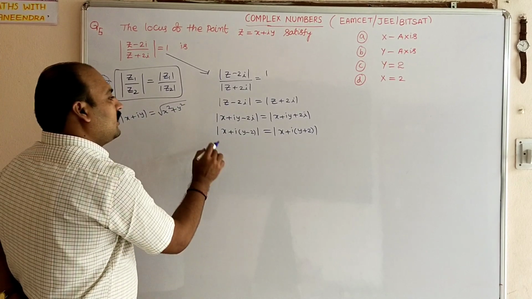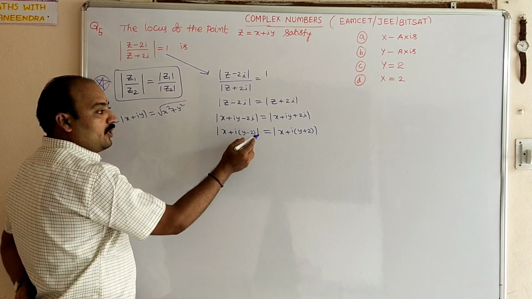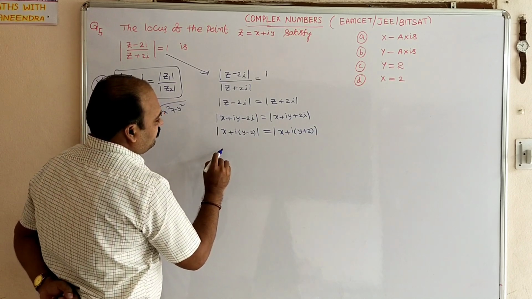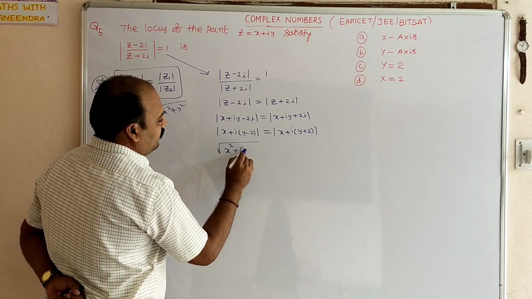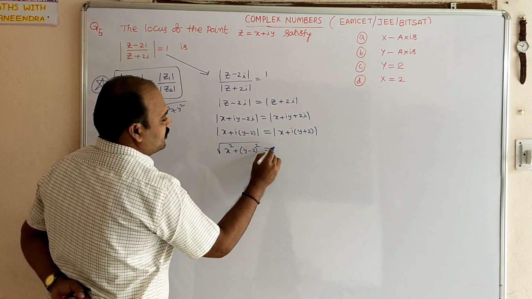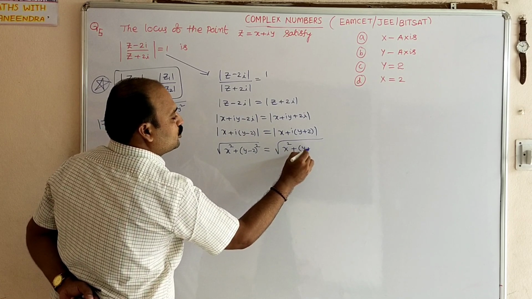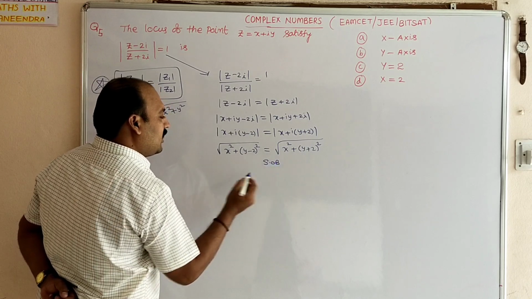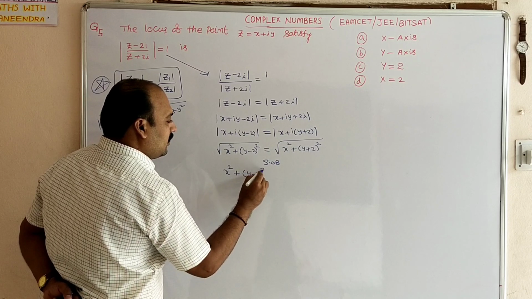So similarly, mod of x plus i(y minus 2) is square root of x square plus (y minus 2) whole square, which is equal to square root of x square plus (y plus 2) whole square.